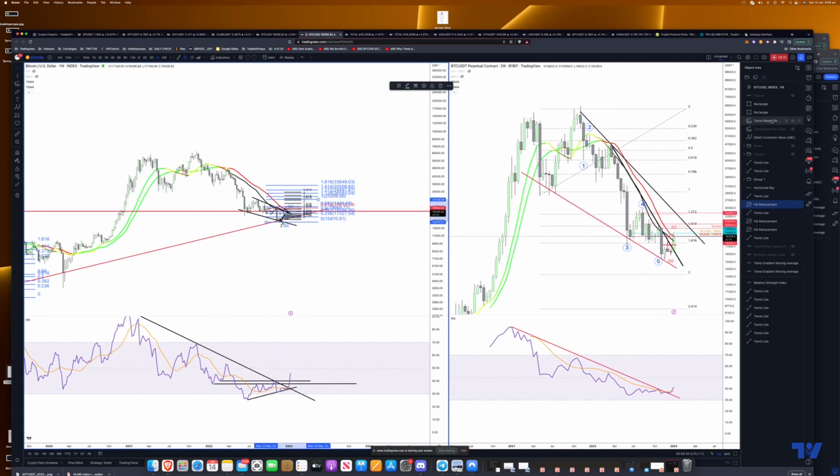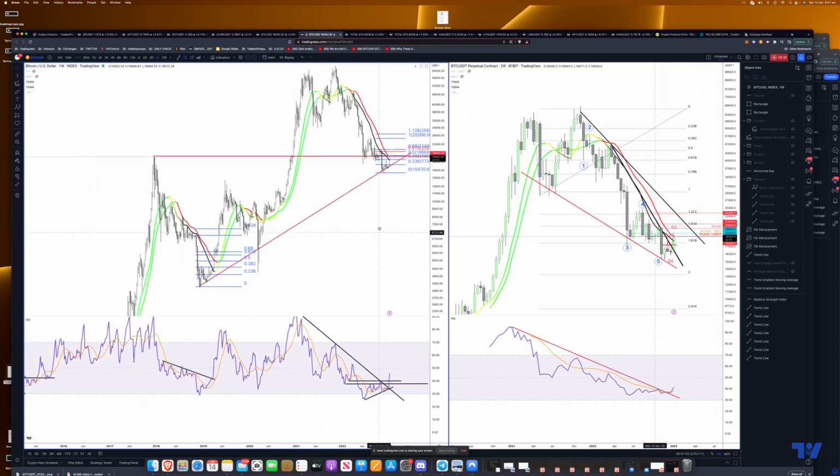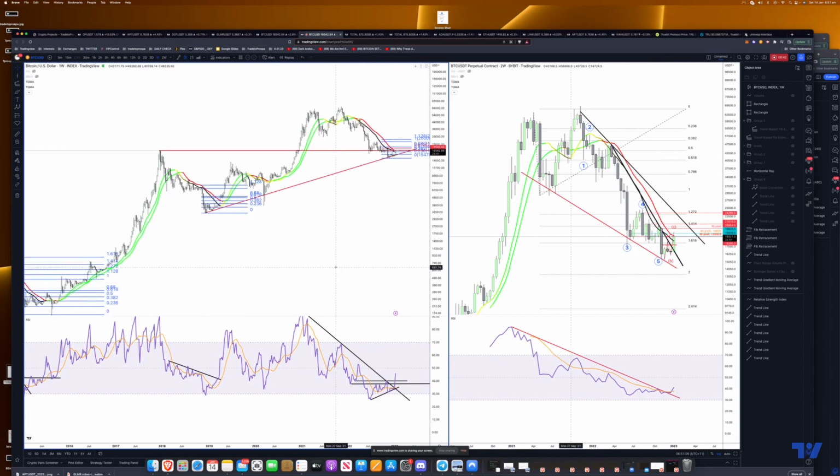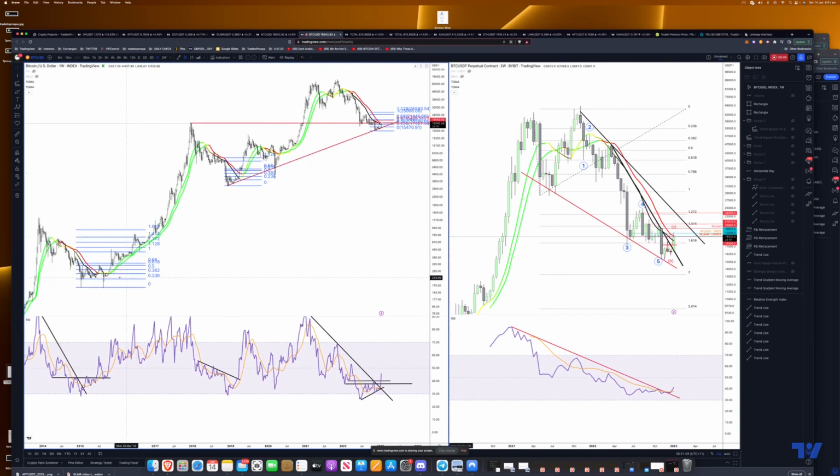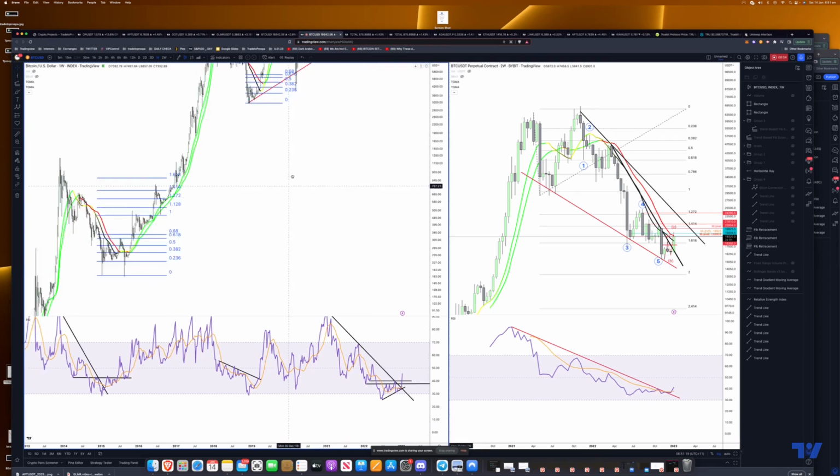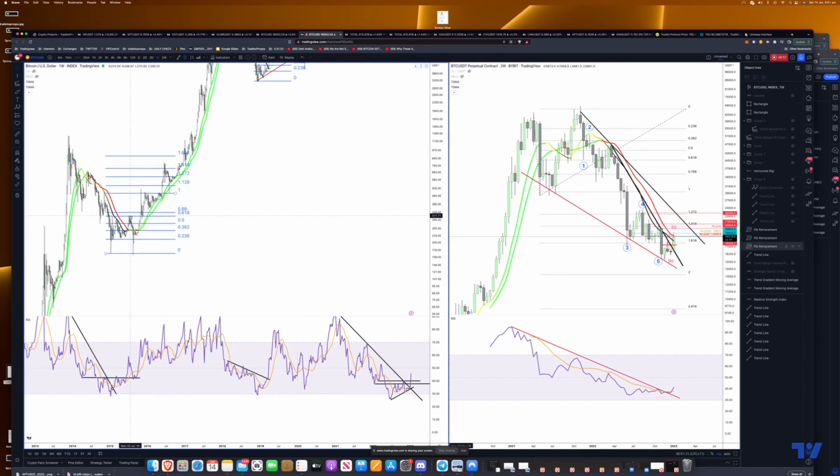I just want to get rid of these Fibonaccis. So when we compare this to the previous ones, we have here the 0.5 Fibonacci, and then, is that 0.5? No, it's 0.618, sorry.